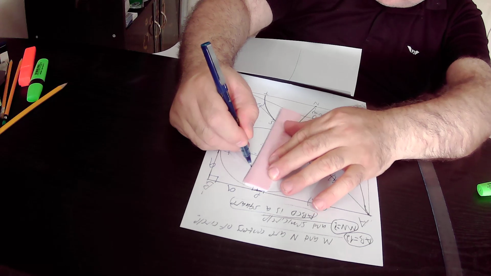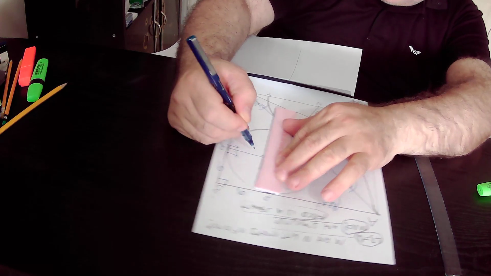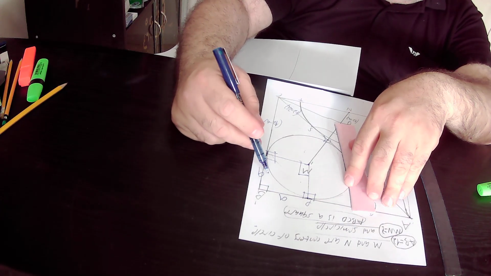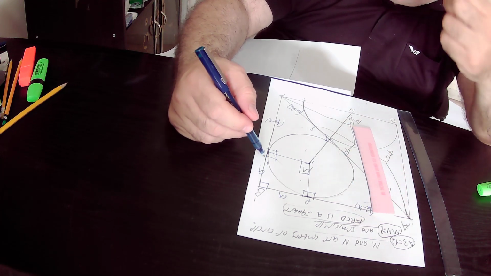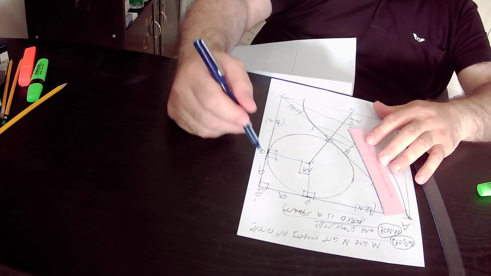So actually, quadrilateral PBMQ has 4 right angles, and any quadrilateral that has 4 right angles must be at least a rectangle.